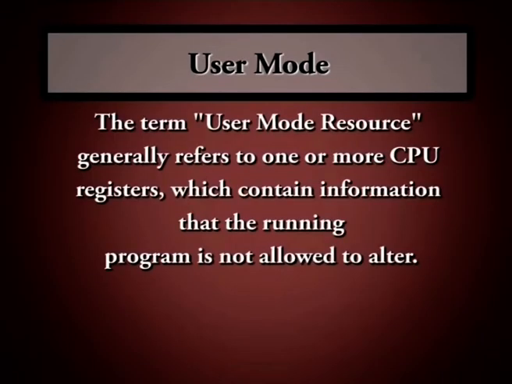The term user mode resource generally refers to one or more CPU registers which contain information that the running program is not allowed to alter. An attempt to alter these resources generally causes a switch to supervisor mode, where the operating system can deal with the illegal operation the program was attempting, for example, by killing the program.